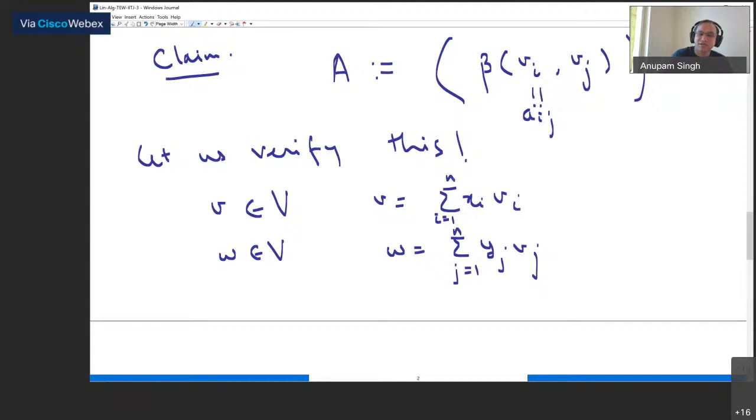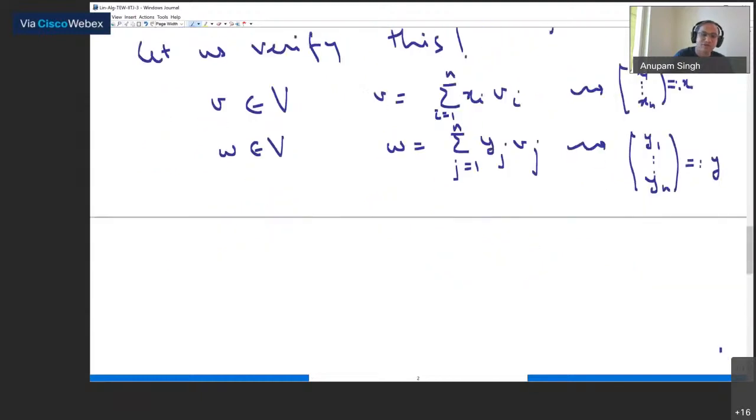And in column form, v will become x1 up to xn. In short, we'll just write it x. And w in column form will become y1, y2, yn, and in short, we'll write just y. Okay. So what do we want to compute?